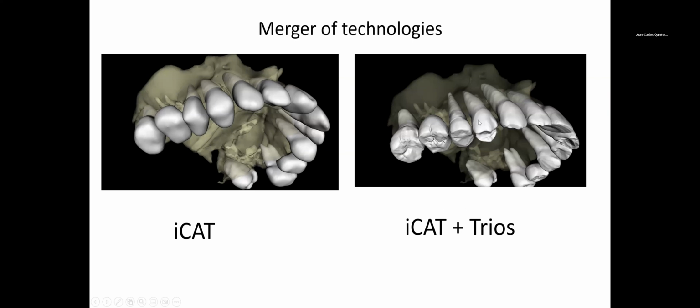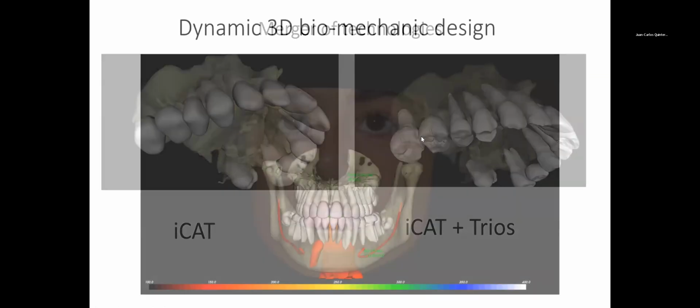So typically we don't do this, but it's sometimes necessary, because one of the disadvantages of cone beam is the amount of noise and artifacts that are present on metal restorations, as you all know, right? So many of our adult patients that require interdisciplinary care, we want complete data. So we can send them the two data sets, the DICOM cone beam and the intraoral STL, and they will stitch, and you can see the great difference there.